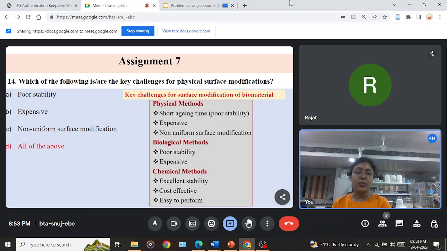Apart from this, if you see the key challenges during biological methods, these are expensive, and there is also poor stability.